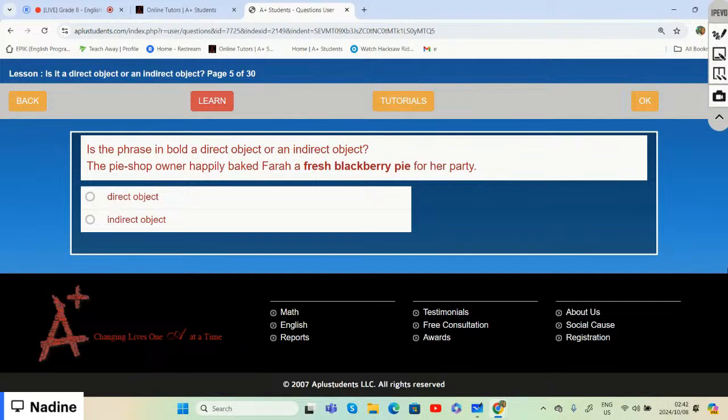All right. The next one says the pie shop owner happily baked Farah a fresh blackberry pie for her party. So fresh blackberry pie, is that a direct object option one or an indirect option two?